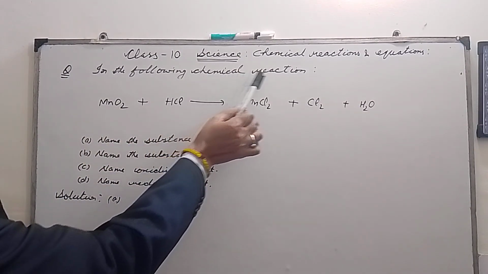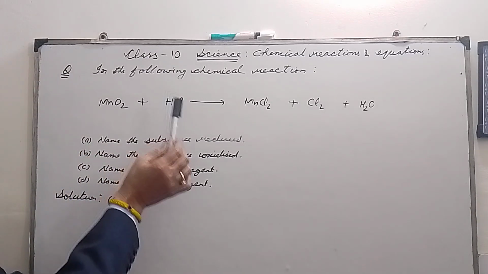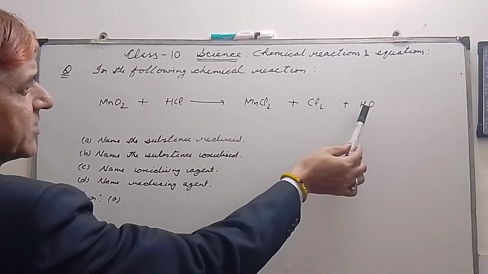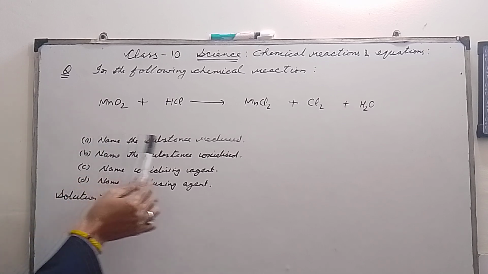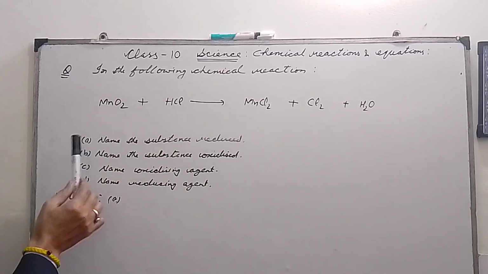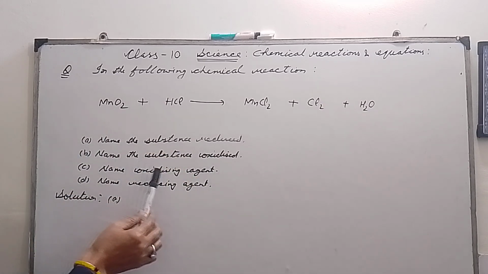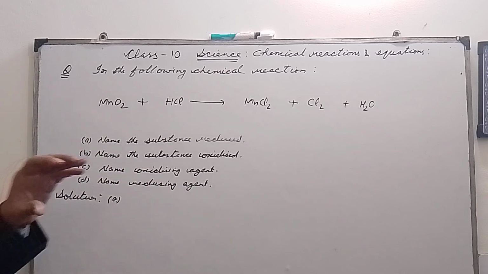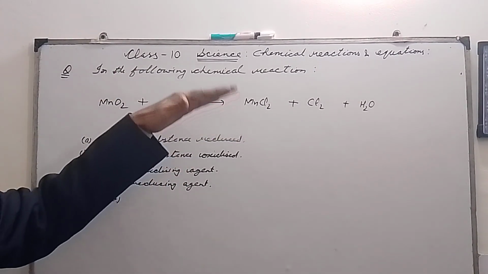In the following chemical reaction, manganese dioxide plus hydrochloric acid gives manganese chloride plus chlorine plus water. The questions are: A, name the substance reduced. B, name the substance oxidized. C, name the oxidizing agent. D, name the reducing agent. These are the four questions which we have to answer, along with showing the oxidation and the reduction.